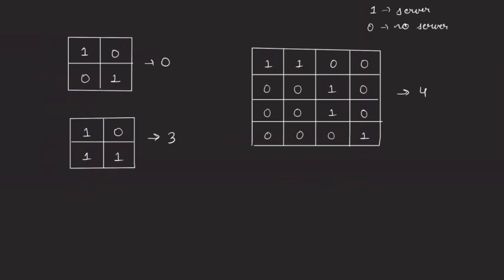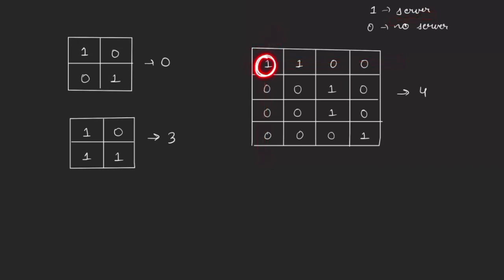So see, in the brute force approach, what we can do is that we can start iterating or we can start checking each of the cells in our grid, right? Wherever a cell is 1, meaning we have a server, we need to iterate once for its row and once for its column, right? And if there is any other cell other than this, which is also having a 1, meaning it is also having a server, we will count this in our answer, right?